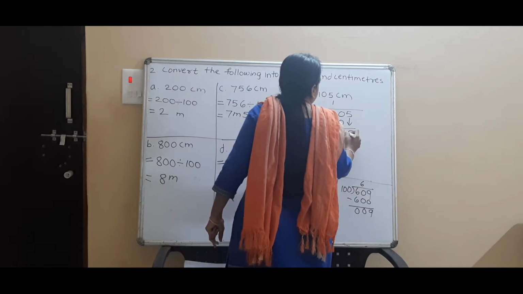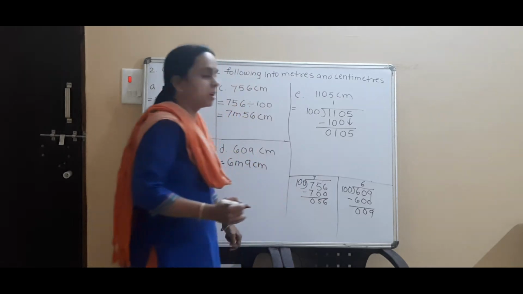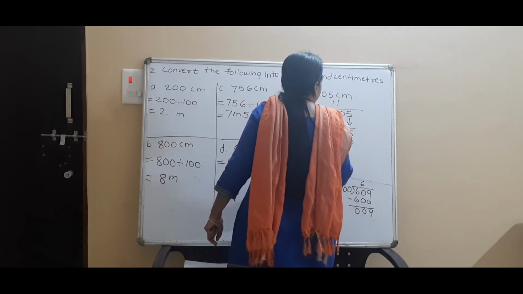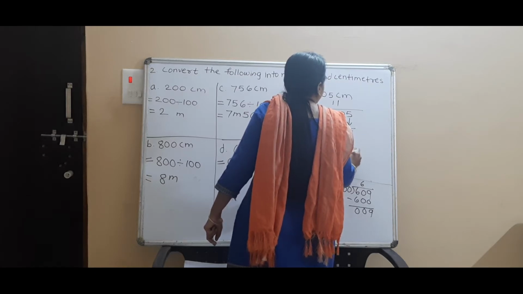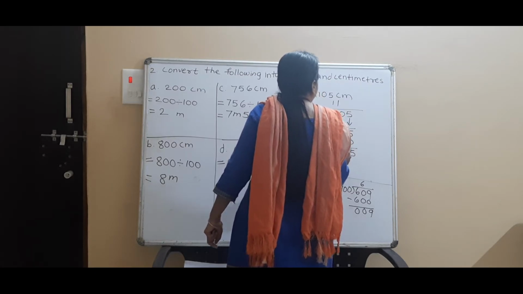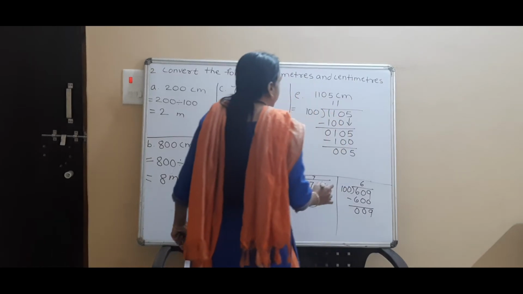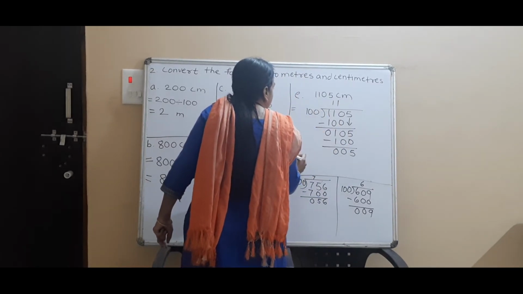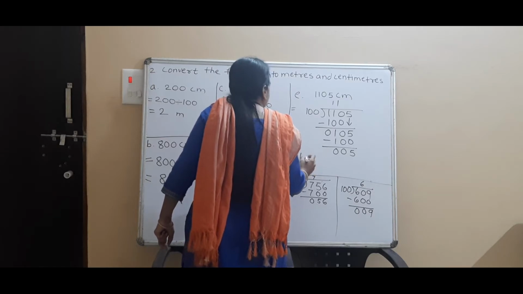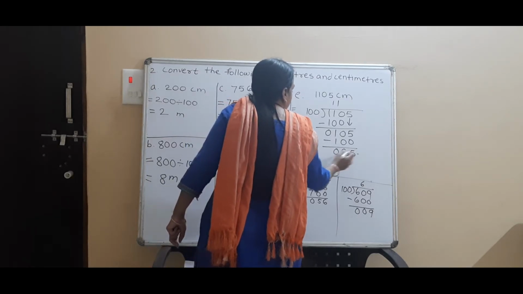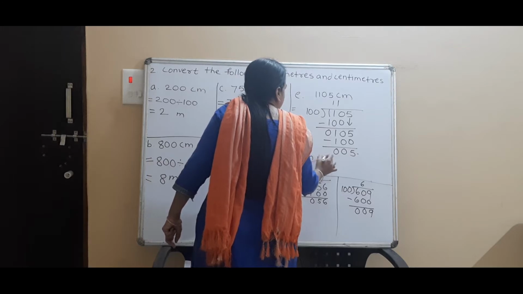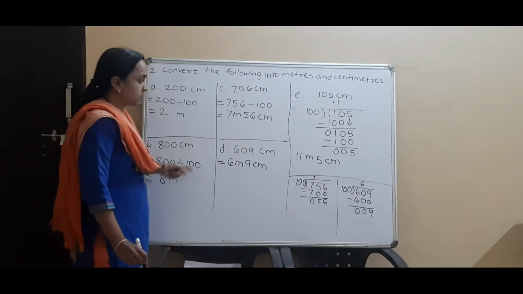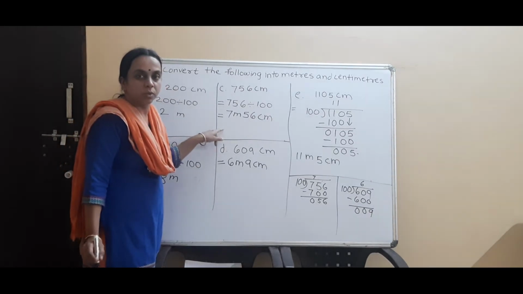So bring this 5 downside. Okay. Again 100 ones are 100. 5 minus 0, 5. 0 minus 0, 0. 1 minus 1, 0. Okay. So what is our quotient? Our quotient is 11. So you write down 11 meter. And what is the remainder? 5. So write down here 5 centimeter. This is our answer. So complete in your notebook.